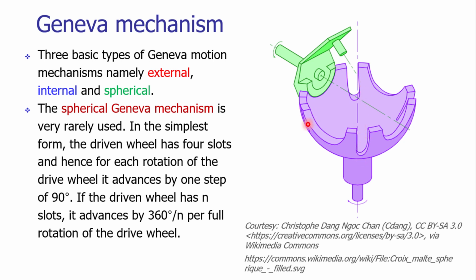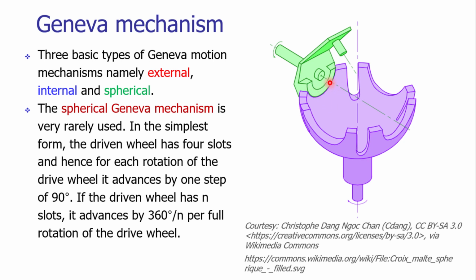In the previous slide, we have seen that the driving wheel and the driven wheel axes are parallel to each other. In the spherical Geneva mechanism, the driving wheel axis and the driven wheel axis are mutually perpendicular. They are orthogonal to each other.